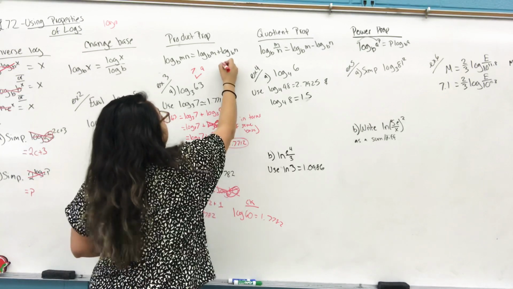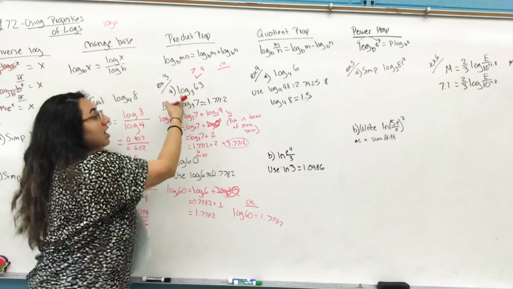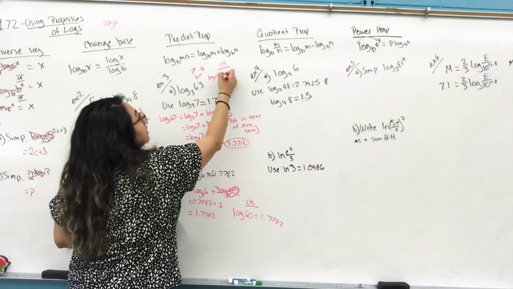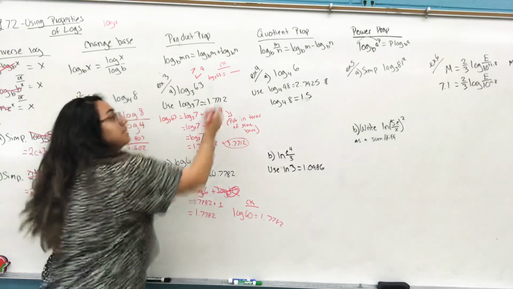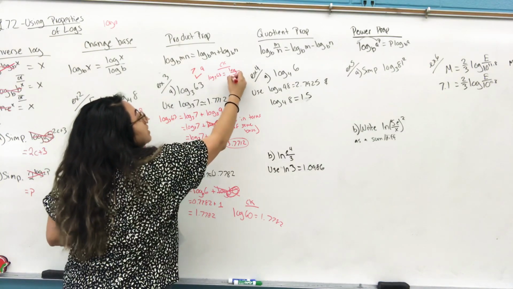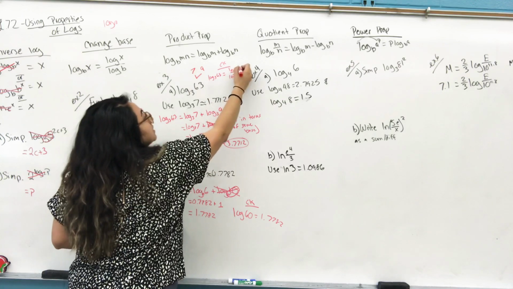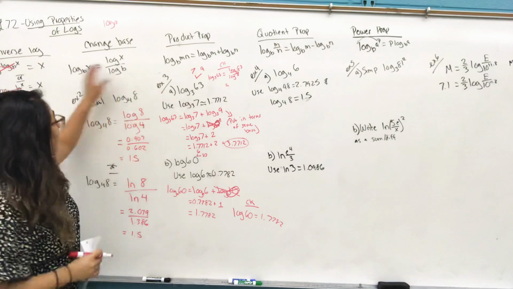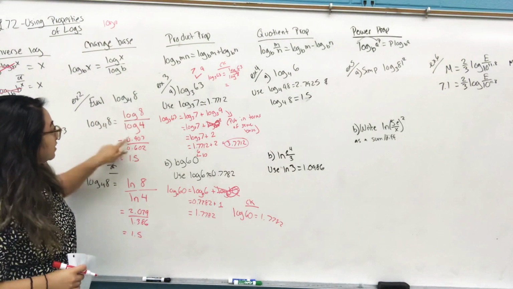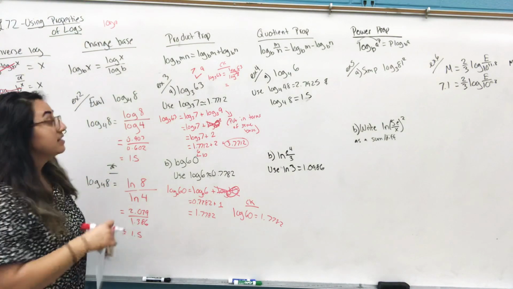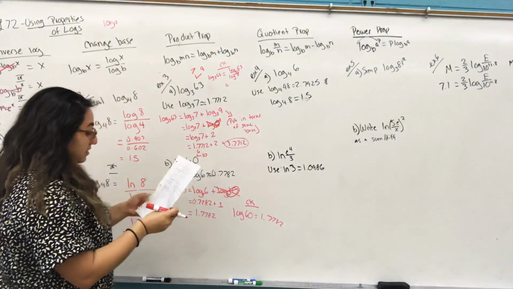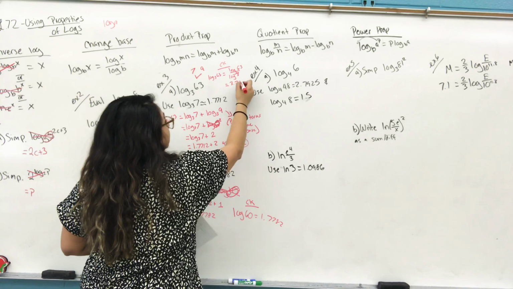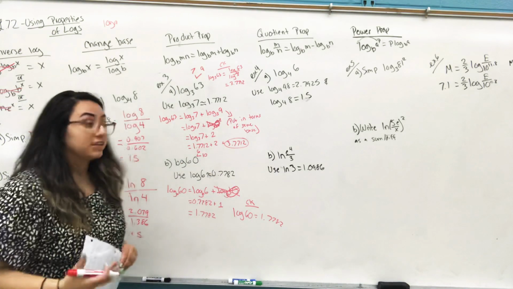To check your answer for log base 3 of 63, we can do the change of base method, meaning we're dividing the log by the other log. Log of the main number, which is 63, divided by the log of 3. So remember, just like how you did here, you divide and get your decimals, and then you divide again. So if I do all of that for A, I end up with the same exact answer, which is 3.7712. So that's a great way to check your answers.